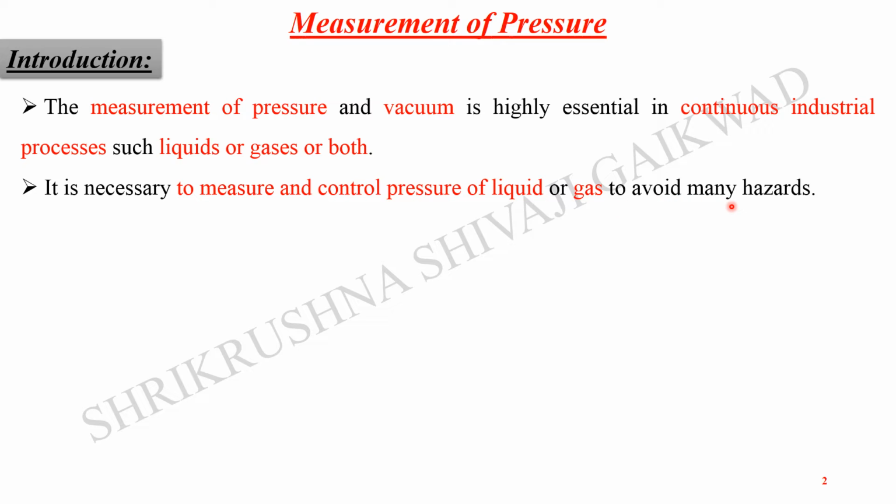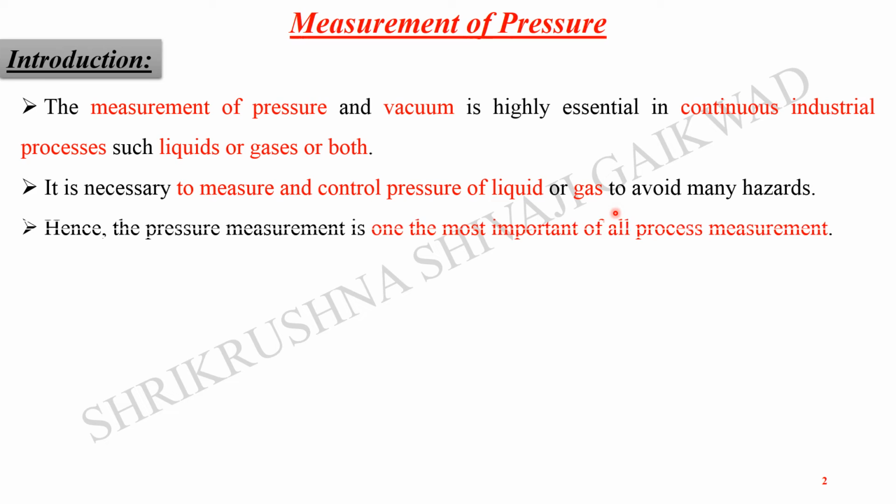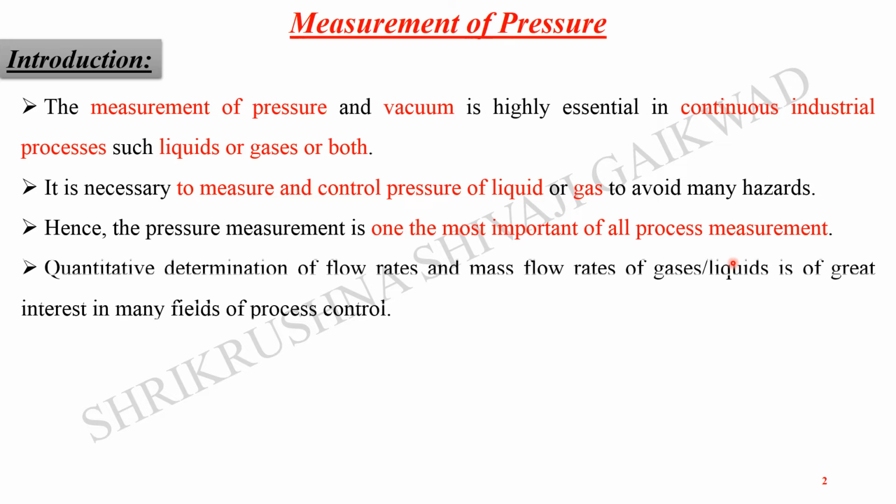This is negligence of control over the pressures of these gases or liquids. We can avoid many accidents if we keep a close look over the control of pressure. Hence, pressure measurement is one of the most important of all process measurements.